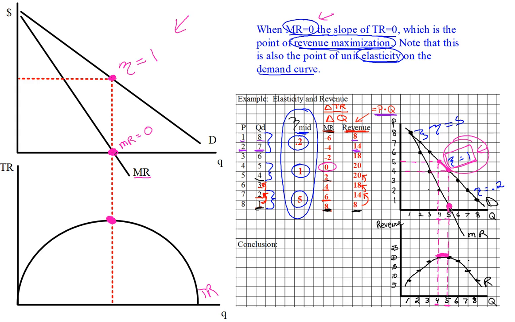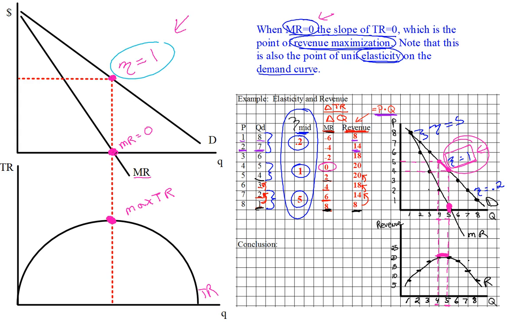So we know that these three concepts, maximizing total revenue, marginal revenue equals 0, and elasticity equals 1, always have to go together. They always have to be true at the same time.